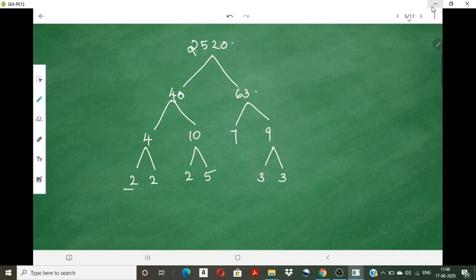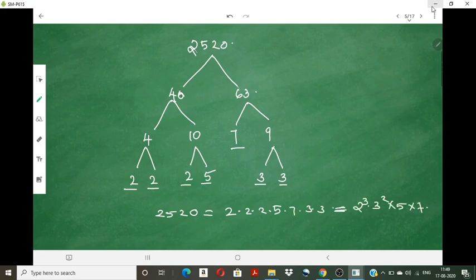Now we have obtained all the possible prime factors. So 2520 is equal to 2 into 2 into 2 into 5 into 7 into 3 into 3, that is, rewriting in canonical decomposition: 2 cube into 3 square into 5 into 7. So this is the required canonical decomposition.